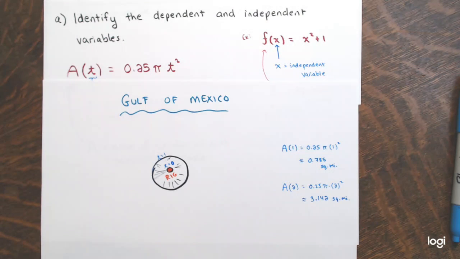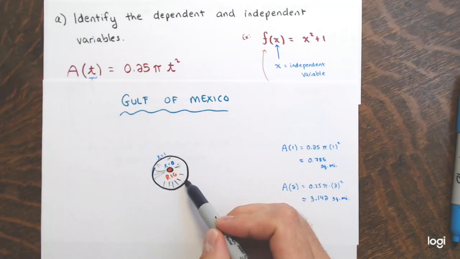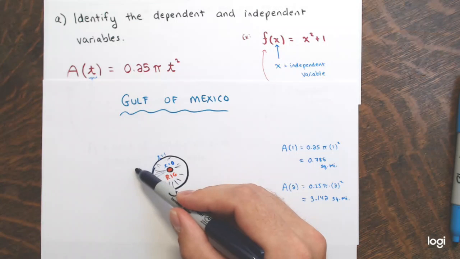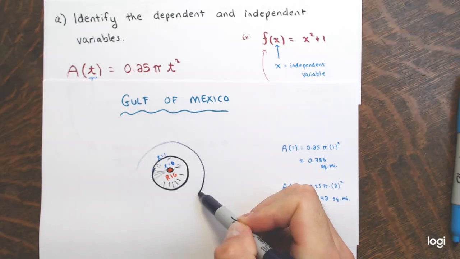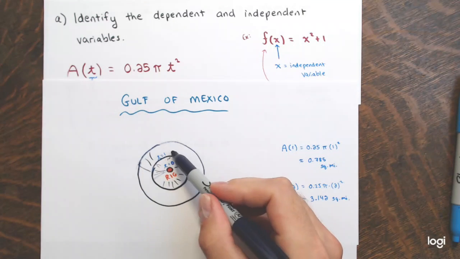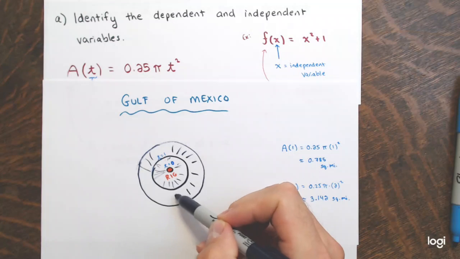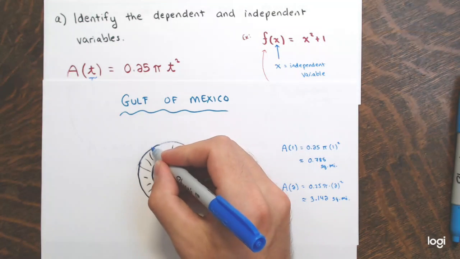So again, what's going to happen is at 0 days it's at the rig, it explodes. A day later, the oil slick is bigger, and then another day later, the oil slick circle is even larger, poured out even further. There's more and more oil going into the ocean, and that's when t equals 2.